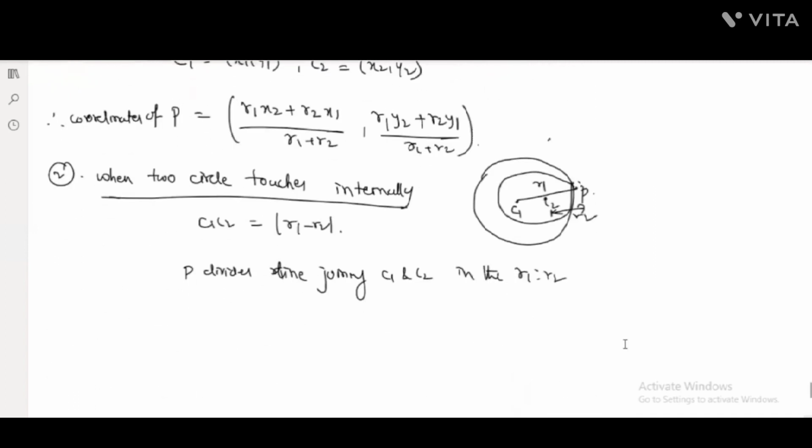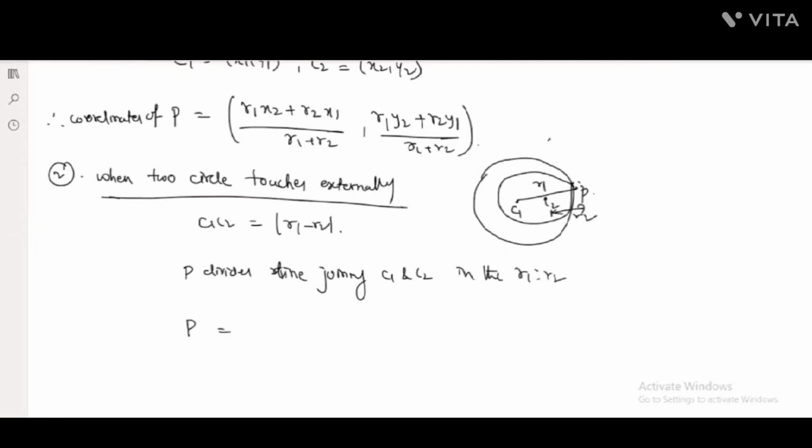So for this case, the point of contact is by external division.